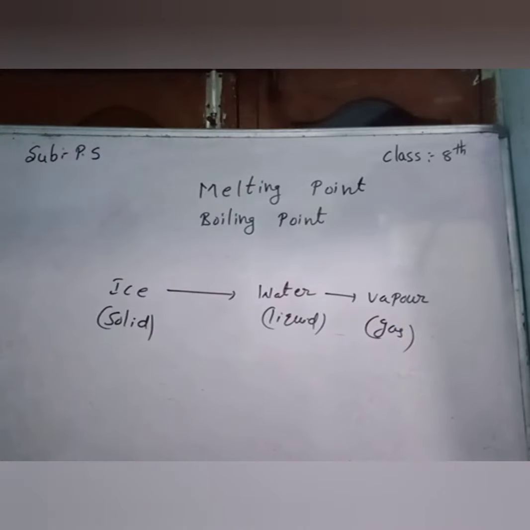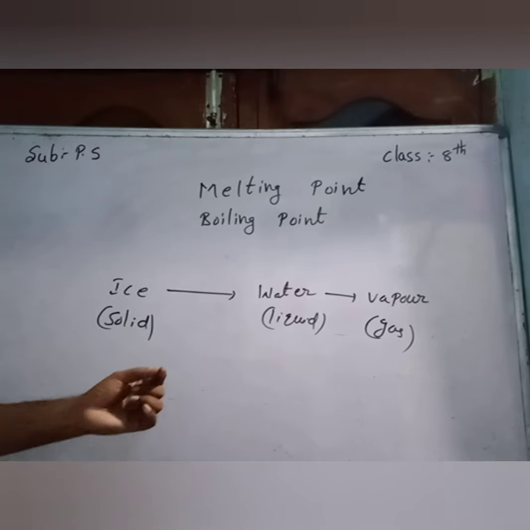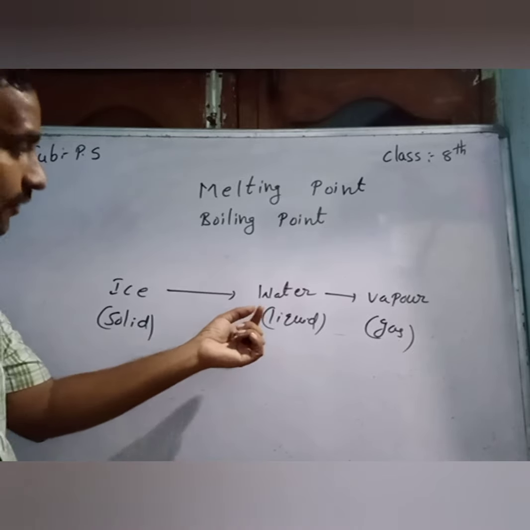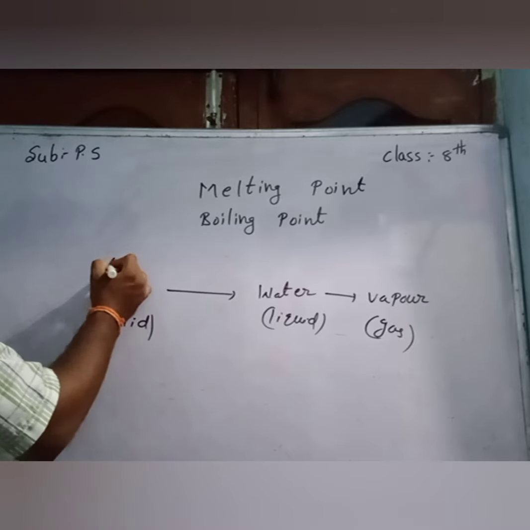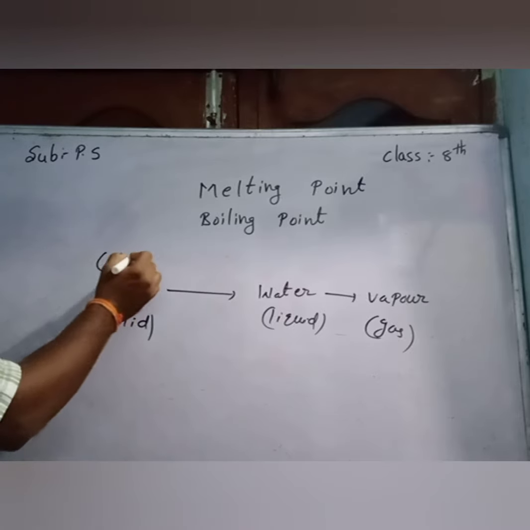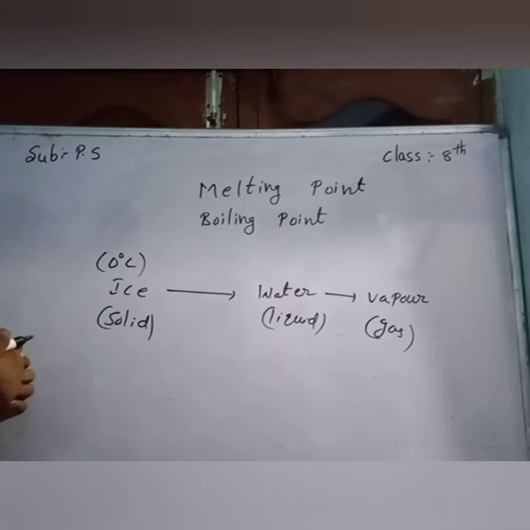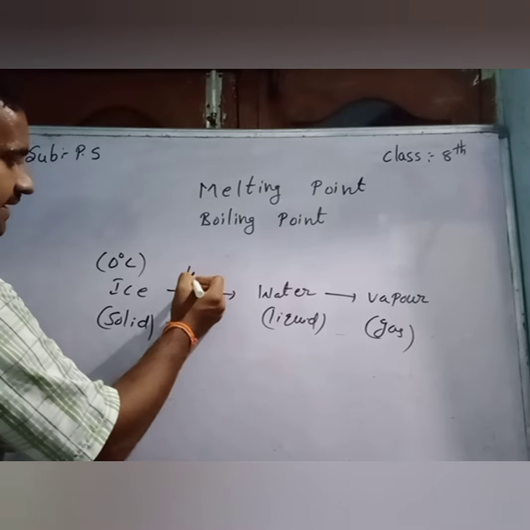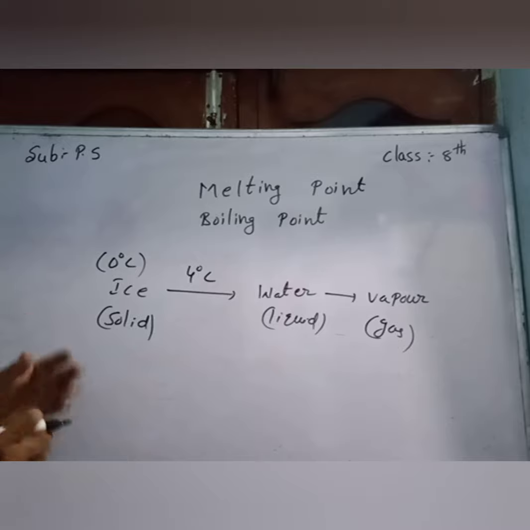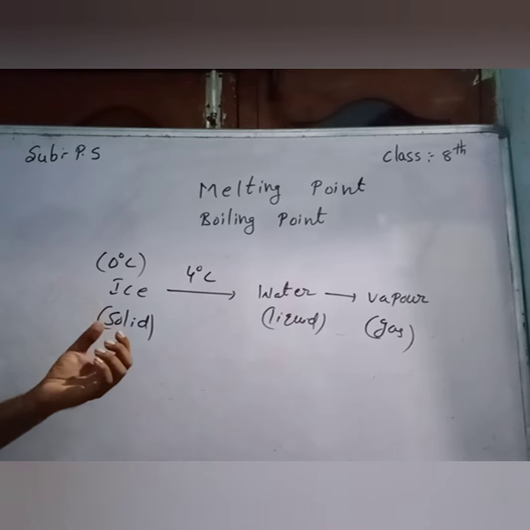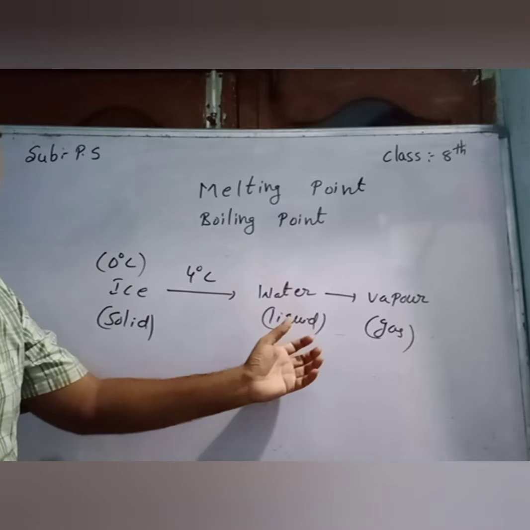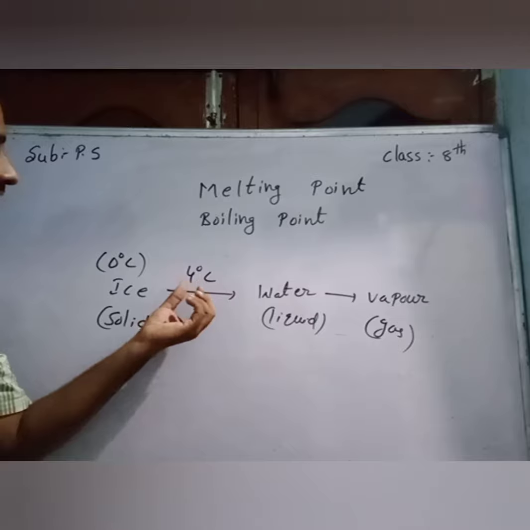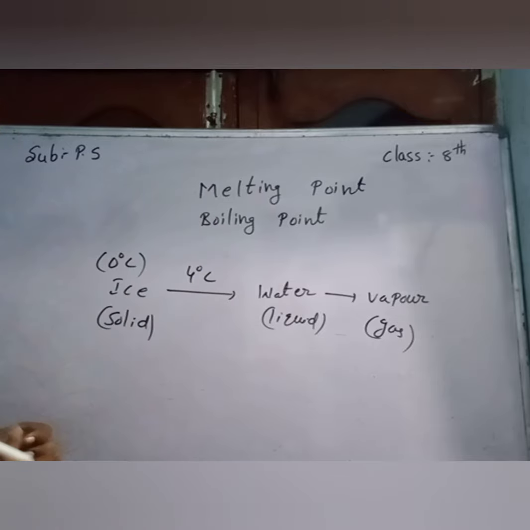For example, water is in solid form when the temperature is simply 0 degrees Celsius. Clear? So when the temperature rises, the ice converts into water. The temperature at which the solid converts into liquid is called simply melting point.